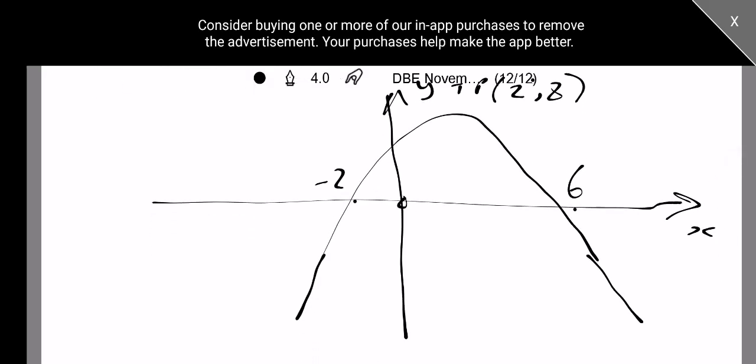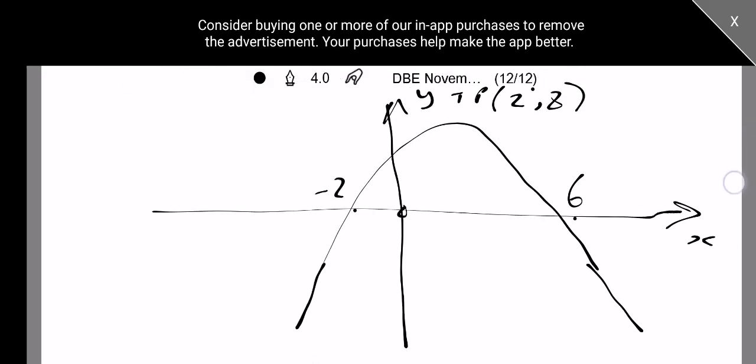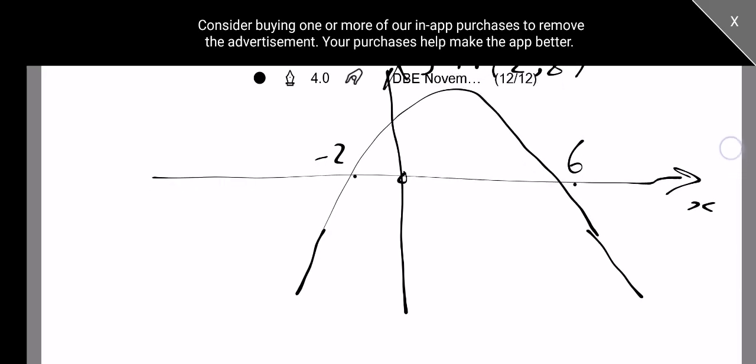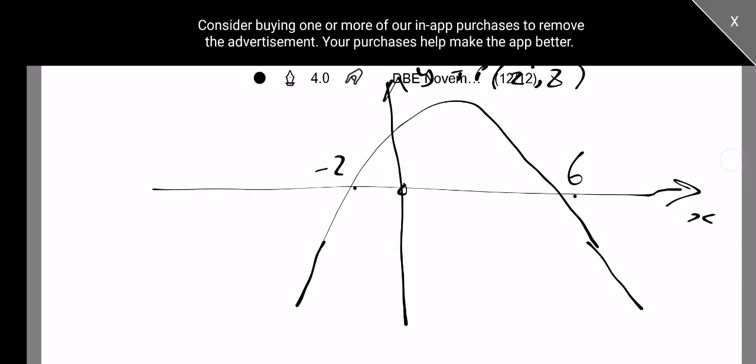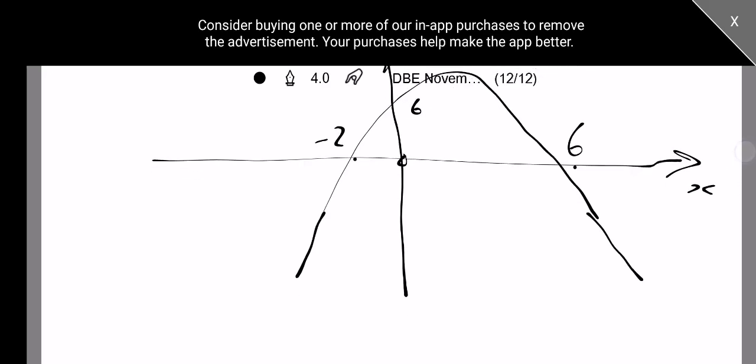For the y-intercept, the y-intercept was 6, so it's going to be 6 here.